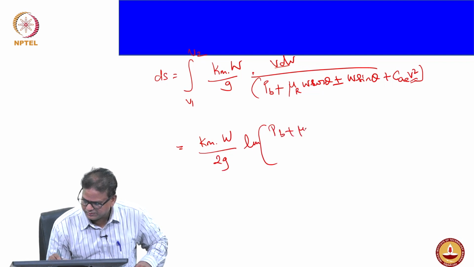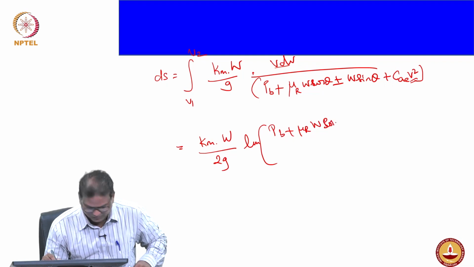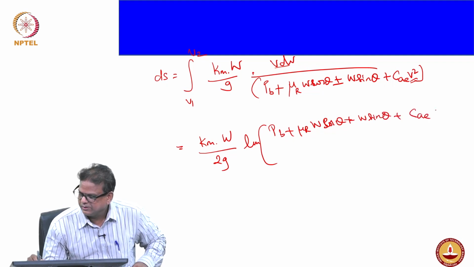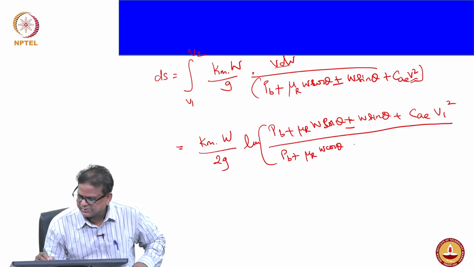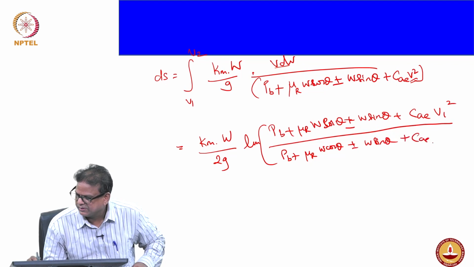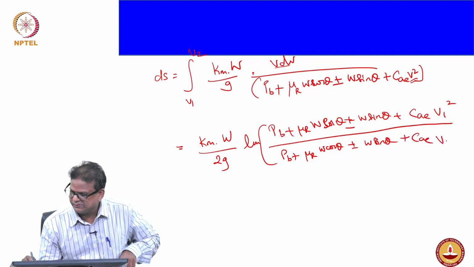PB minus mu R W cos theta plus or minus W sin theta plus CAE V1 square, divided by PB minus mu R W cos theta plus or minus W sin theta plus CAE V2 square, right?